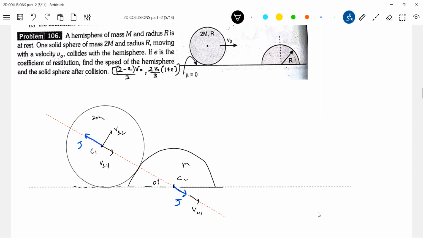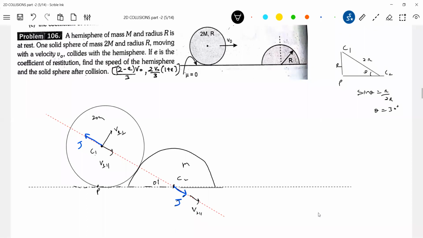The theta can be obtained from the triangle C1, C2, where this is R and this is 2R. Find the speed of the hemisphere and solid sphere after collision is what is being asked. So this much is there.